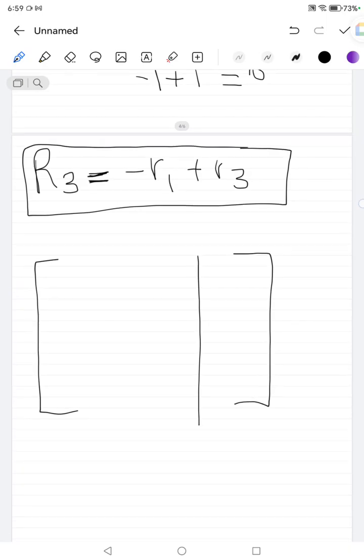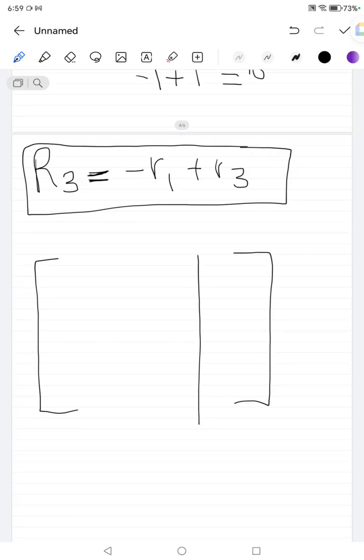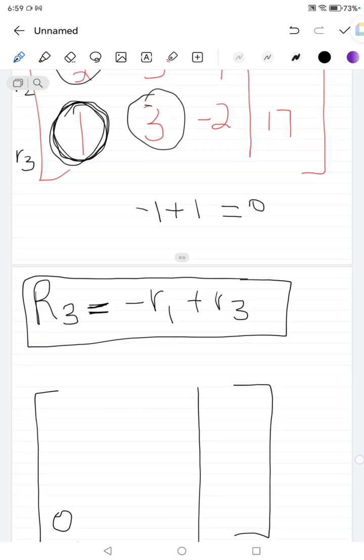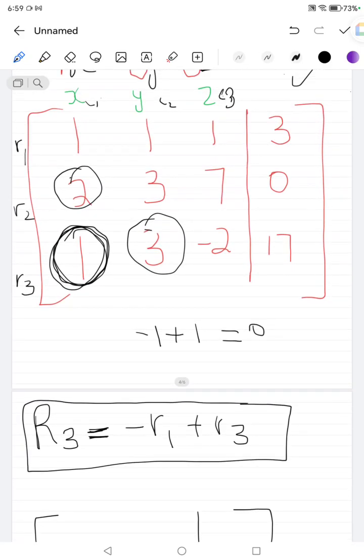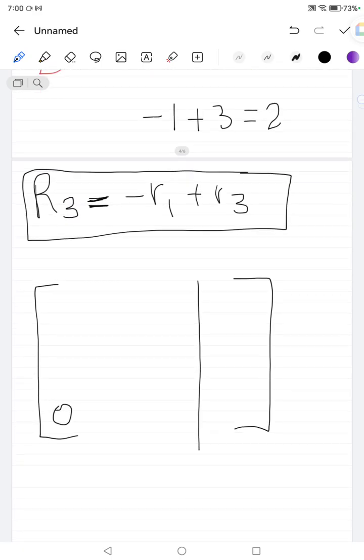So here you're going to have that 0. Now you go and check minus R1, which is going to be what? You go to your second column, then you say minus R1, you have minus 1 plus 3. Then this one will give you 2. Then you go and write your 2 this side.